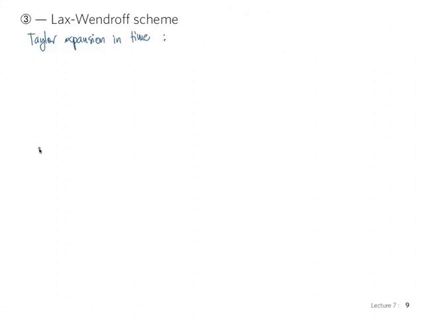It's a Taylor expansion in time around u_i^n. So u_i^{n+1} is going to be equal to u_i^n plus delta t times the first derivative, u_t at i, plus delta t squared over 2 times the second derivative, u_tt at i, plus other higher order terms of order delta t cubed.